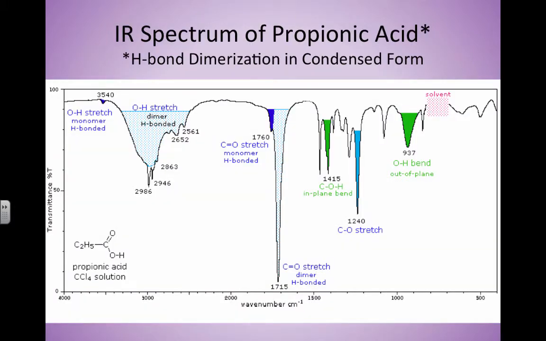So let's look at the infrared spectrum of propionic acid. Not sure if that's how you say it, but what we know is propionic acid has 3 carbons, right? And then, of course, we'd have the carboxyl group at the end. So normally, we would be looking for a couple of different things.